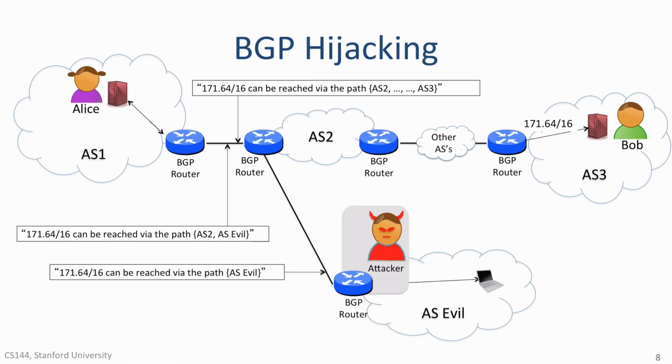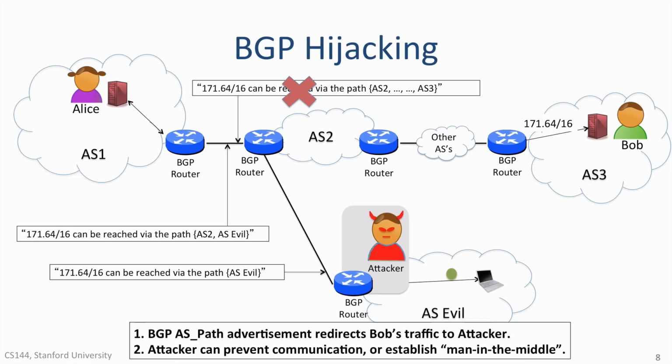AS1 has no way of knowing that this is a lie, and so might start routing traffic to AS evil instead. The attacker might choose to drop all the packets, making it impossible for Alice to talk to Bob, or the attacker might establish a man-in-the-middle attack without Alice or Bob knowing.